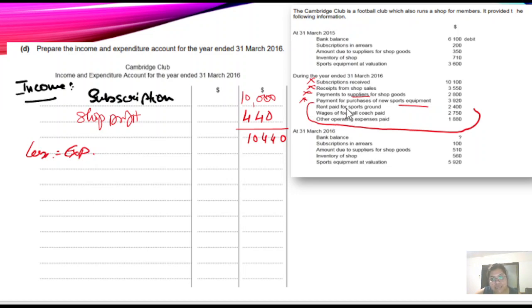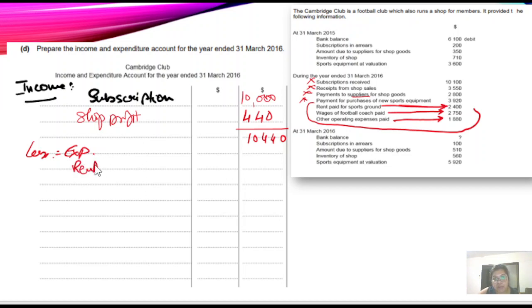Next is rent, that is 2400, wages 2750, and other operating expense, that is 1800. So we are going to record these three.